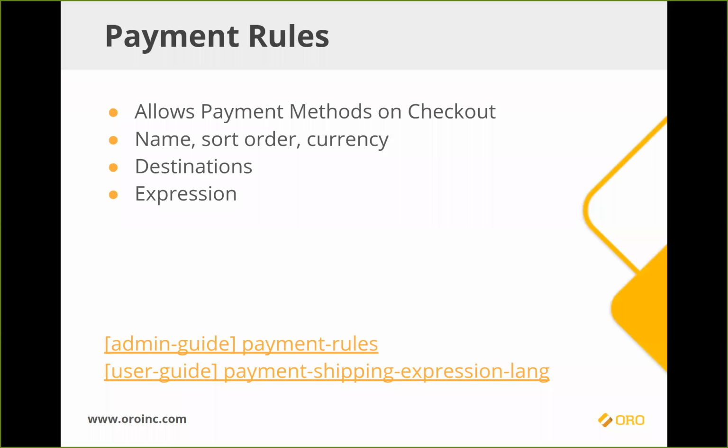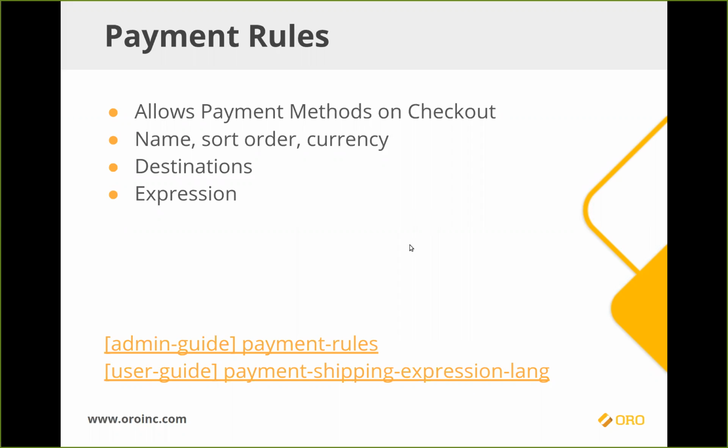A payment rule is a very simple thing which has name, sort order, currency. It may have destination, and it also has an expression which allows or disallows using it under certain circumstances. We have already seen expressions when we talked about the discounts, and here we have a very similar situation.